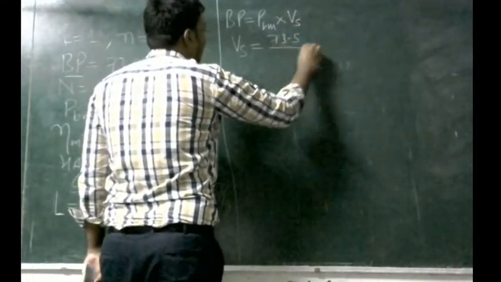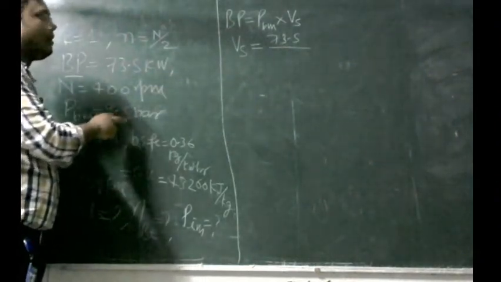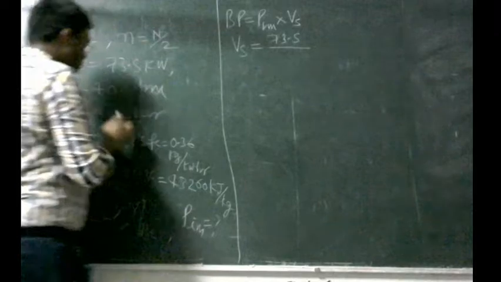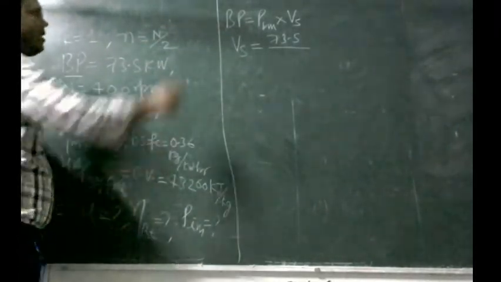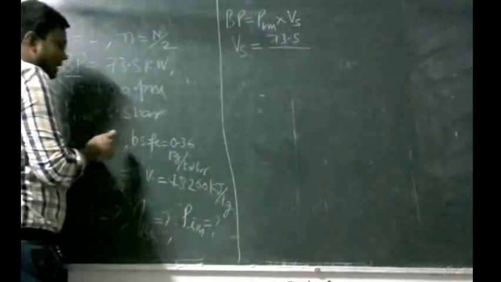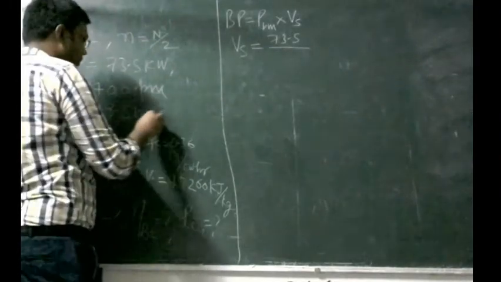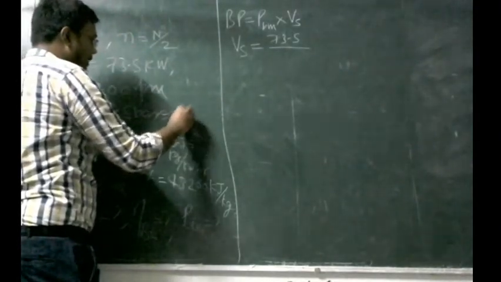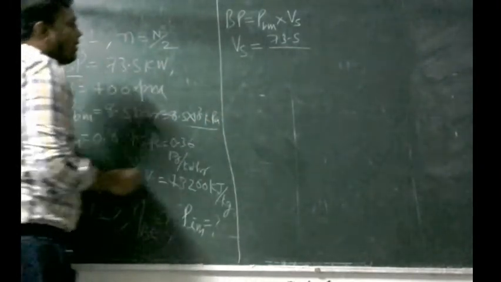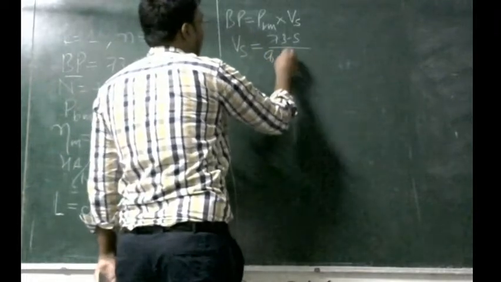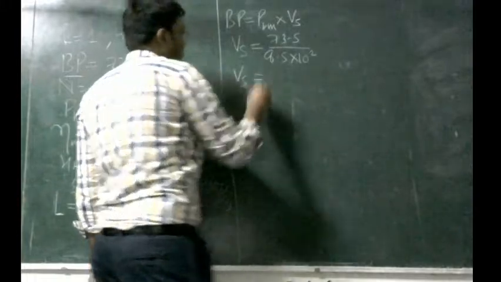So Vs is equal to brake power, 73.5 kilowatt, divided by brake mean effective pressure, 8.5 bar. It is in bar, but the brake power is in kilowatt, so this bar should be converted to kilopascal. To convert to kilopascal, we have to multiply by 10 to the power 2. So it will be 8.5 into 10 to the power 2 kilopascal.